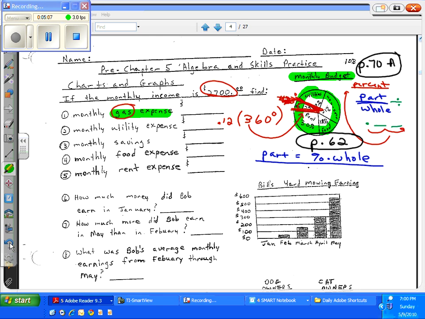Another way of looking at that is that we could just take the part divided by the whole, shift the decimal, and get the percent. This is the mechanical method of moving from a fraction to a percent. This is an algebraic way to represent that same process with an algebraic equation.